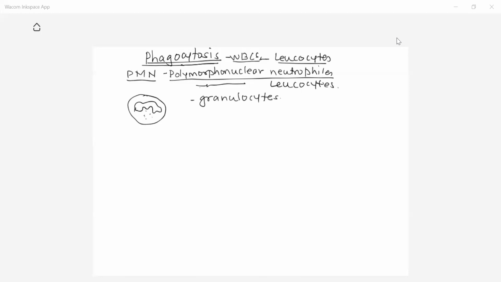Their cytoplasm consists of granules. These are very large cells in size. At the same time, their nucleus is peripheral. Peripheral means the nucleus lies a little to one side, and that nucleus is multi-lobed. That is the special property of these polymorphonuclear leukocytes.